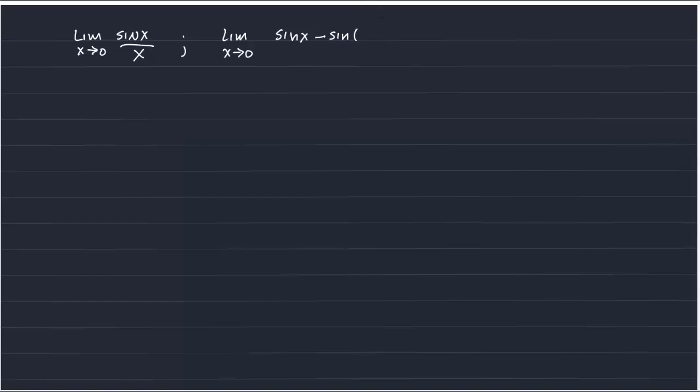Right, so we'll subtract sine of 0, which is 0, from the numerator, and we'll subtract 0 from the denominator. By doing that, we can see that that gives us the limit as delta x approaches 0 of sine of x plus delta x minus sine of x, all over delta x.